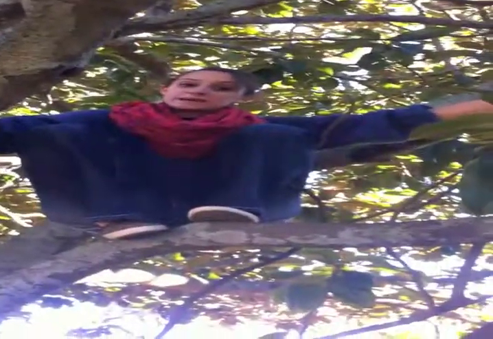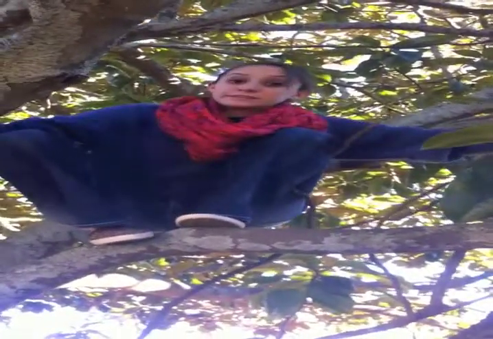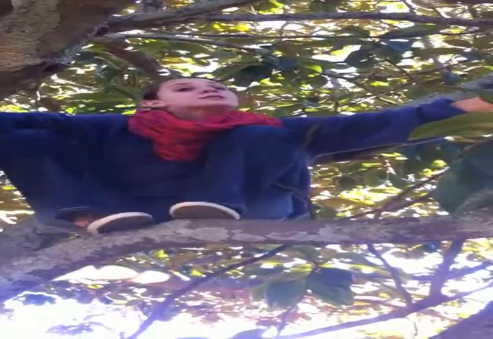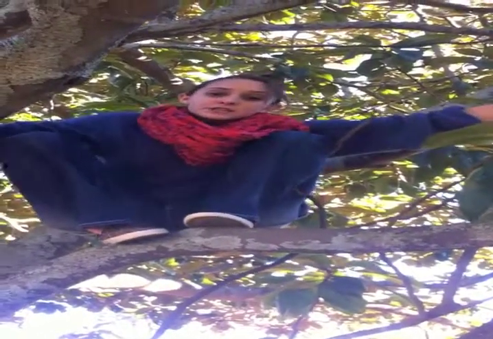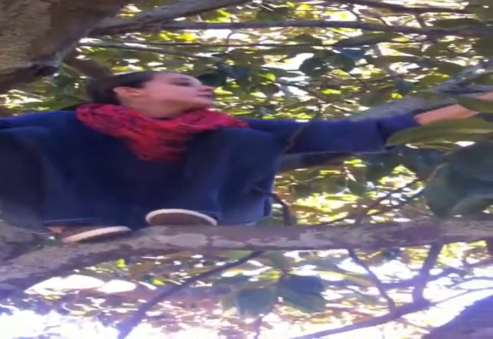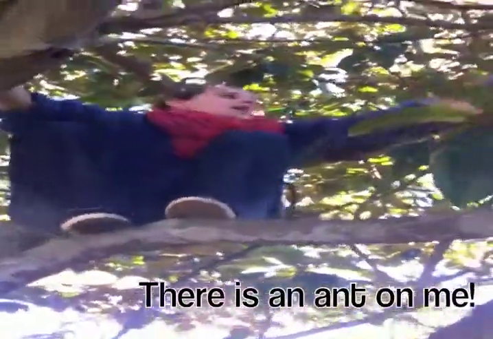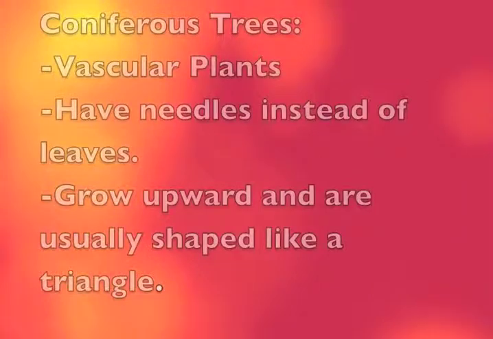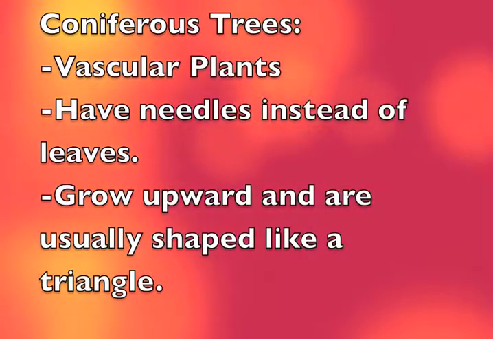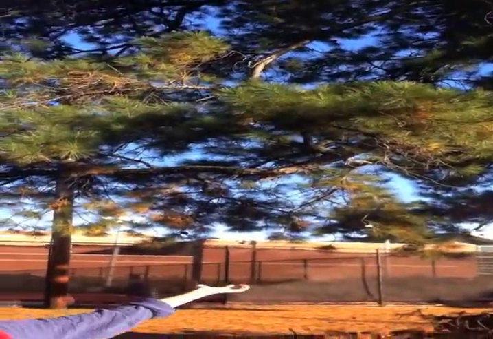Something else you guys might not know is that there's two different types of trees. This one is a deciduous tree. In a minute, I'm going to show you a coniferous tree. A coniferous tree is one like this great big tree right here.